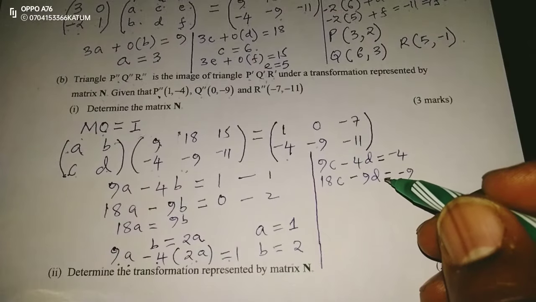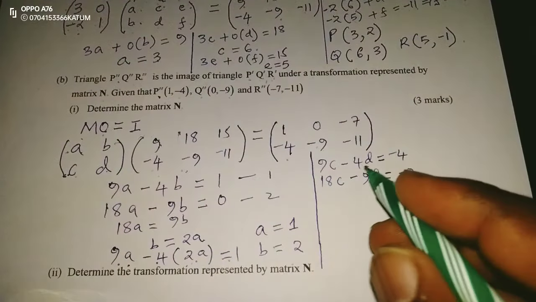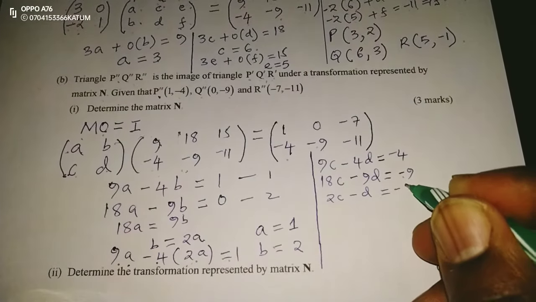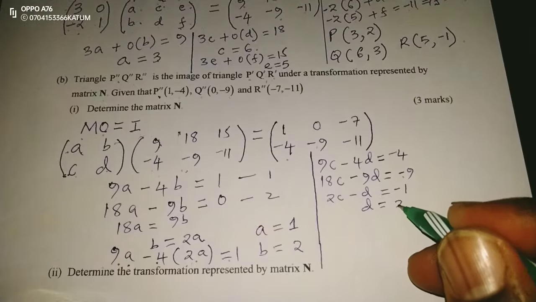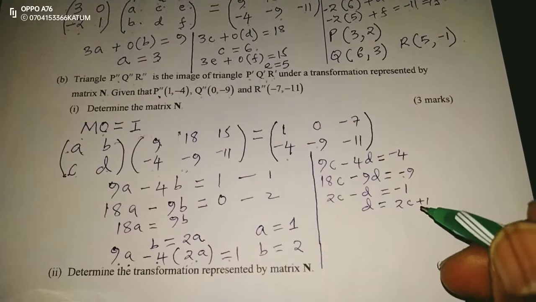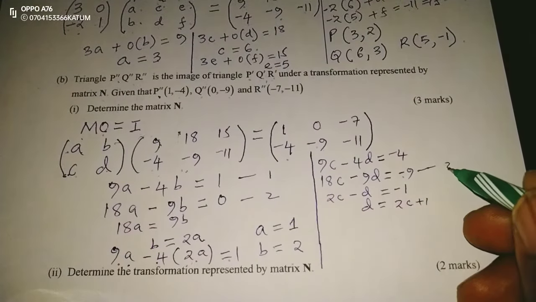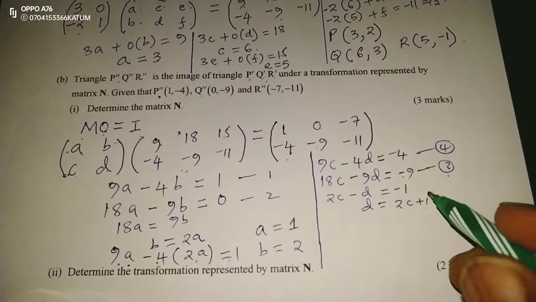So at this point, I can again use a substitution method, whereby if I divide through by 9, I will have 2c minus d as negative 1, so that the value of d becomes 2c plus 1. Because this is from the third equation, now in the fourth, we substitute d with 2c plus 1.